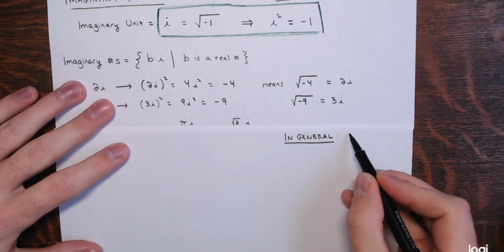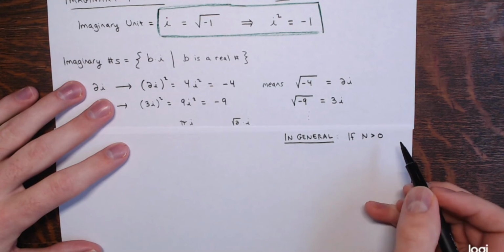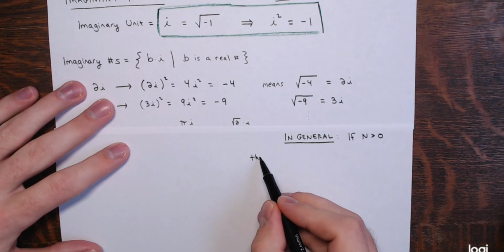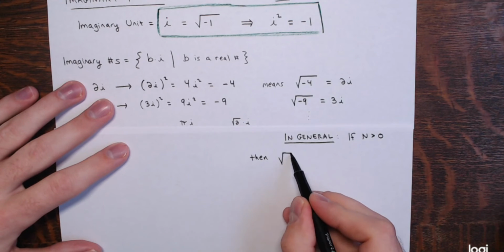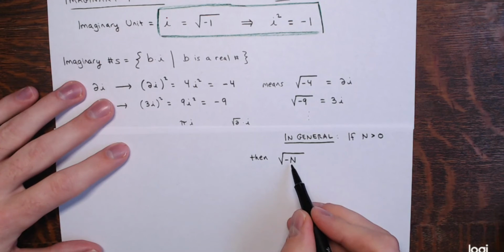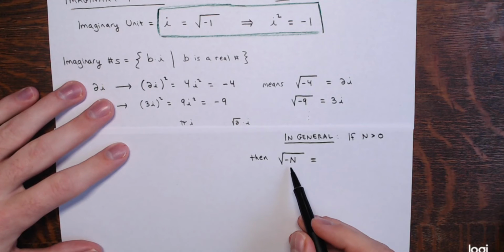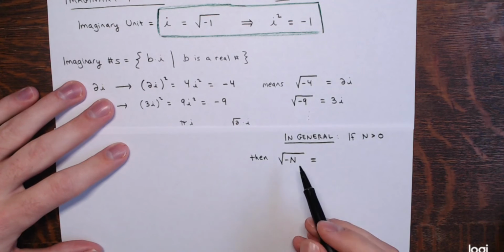If n is positive, then the square root of -n, the opposite of a positive number, would be a negative. Remember, we've said this many times in previous videos, the square root of a negative number is not real. It's one of these imaginary folks.